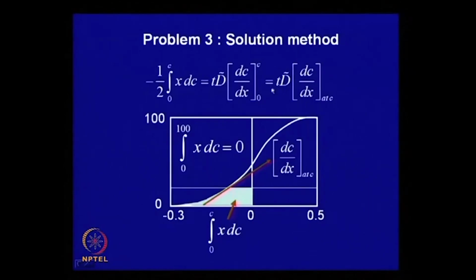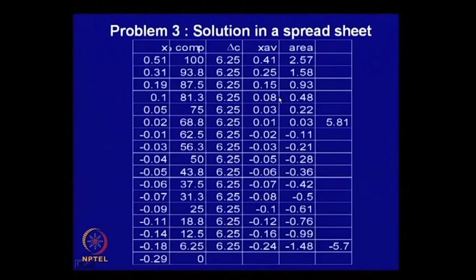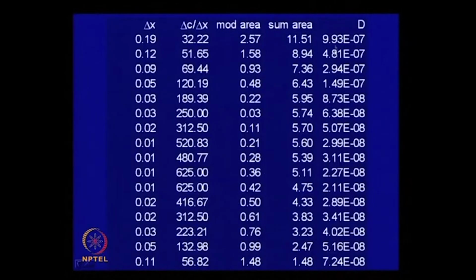Look at this: here you have calculated the area up to different compositions, this area is known, the slope of the plot has also been determined, and the time t is given as 50 hours. So, substitute the time t as 50 hours, and then it is possible to calculate the interdiffusion coefficient as a function of distance or composition.